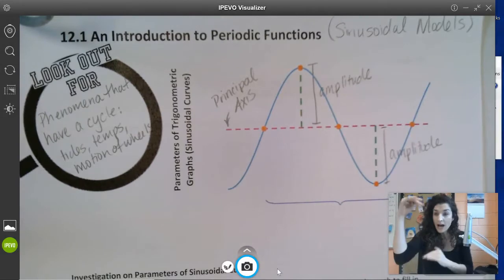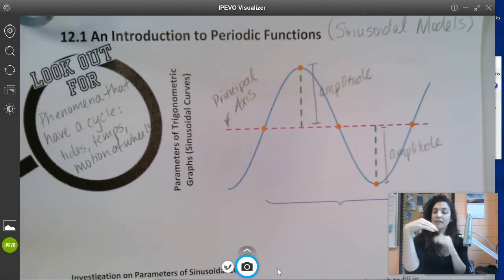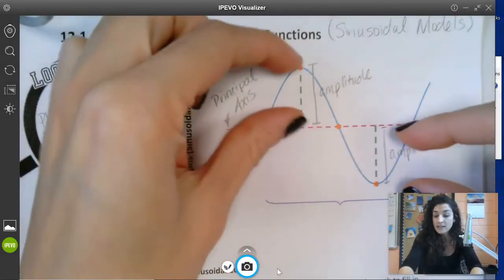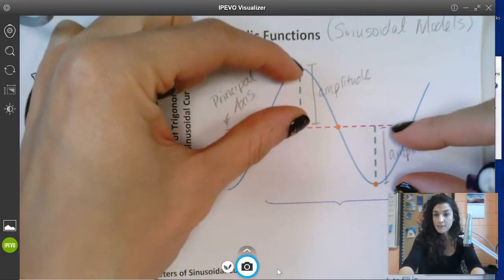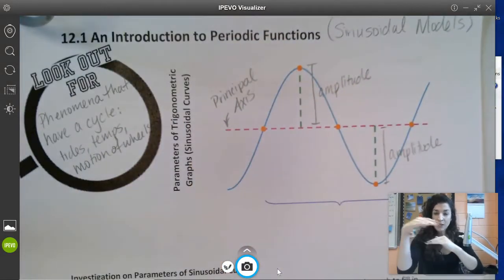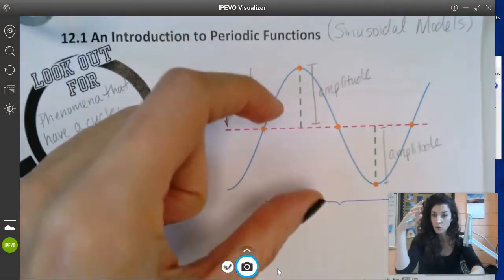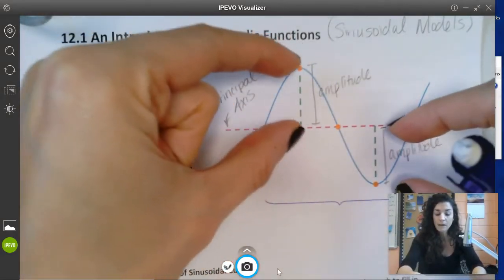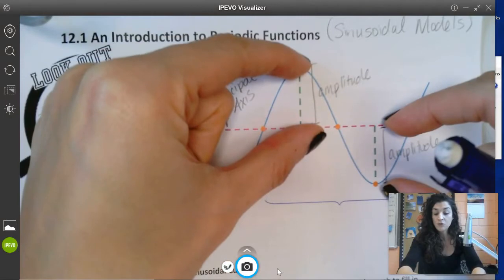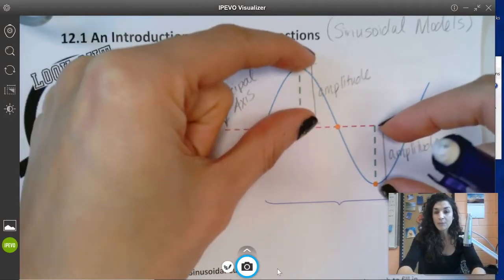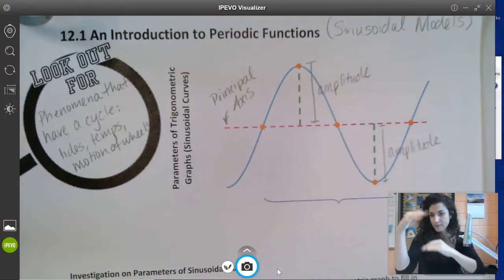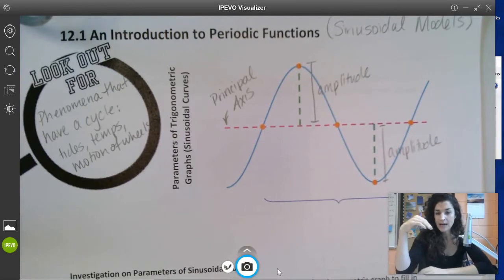So the whole height of the graph would be 2 times the amplitude. So your amplitude is always evenly split by the principal axis. Your principal axis is in the middle of the total height of your sinusoidal model, and amplitude is only one of those, just the height up or down.